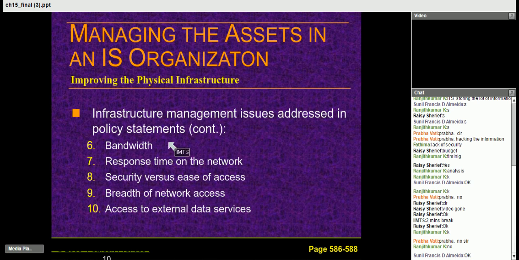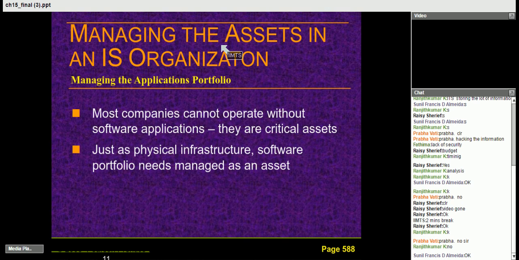Then infrastructure management issues addressed in the policy statement: bandwidth, resources, time on the network, security versus ease of access, breadth of network access, access to external data services.